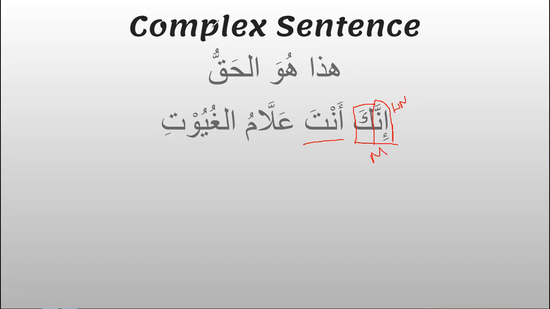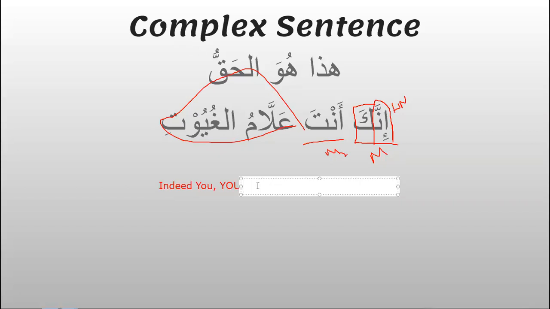So what we are saying is indeed you, you. See, the mubtada is emphasized twice over here. And then allamul ghuyub. Allamu means known, and allamu is light, no alif lam. Ghuyub is the mudaf ilayh. So mudaf ilayh, and this whole part, allamul ghuyub, is our khabar. So you can see mubtada 1, mubtada 2, right? There are two mubtadas. And why is this happening?